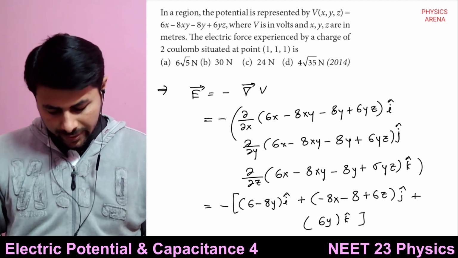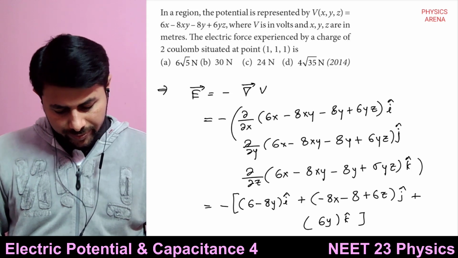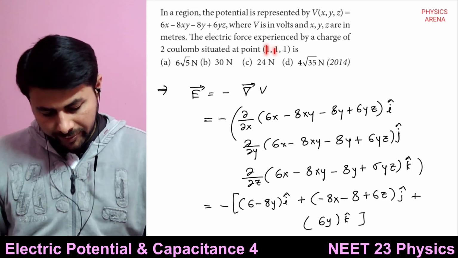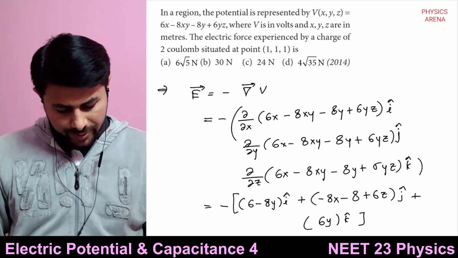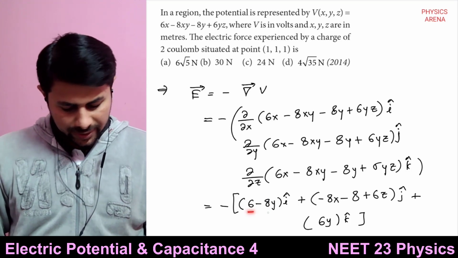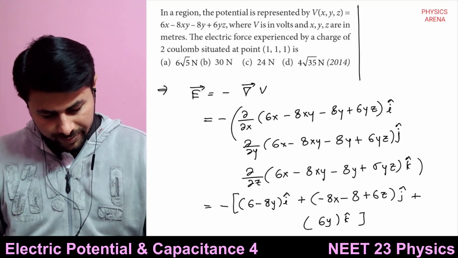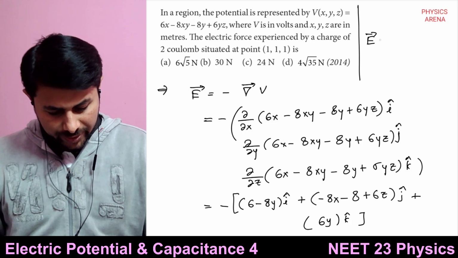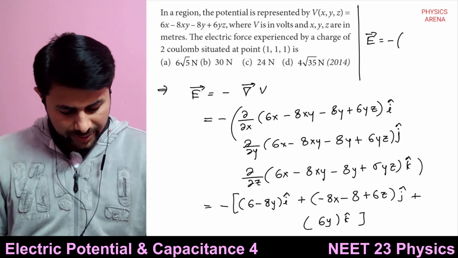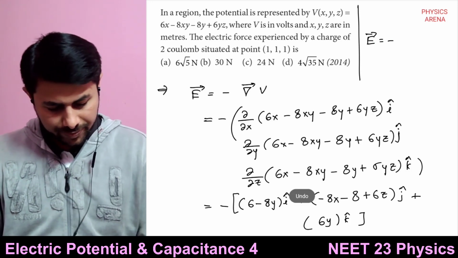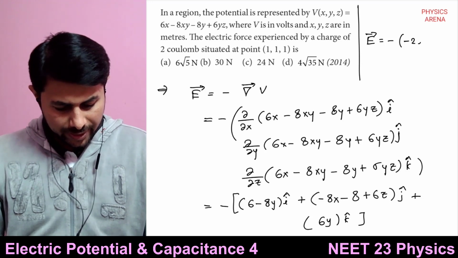Okay, let's check. So now you have to substitute the point (1,1,1). So it's 6 minus 8. E bar is equal to minus of (6 minus 8), which is minus 2, so minus 2 i cap.